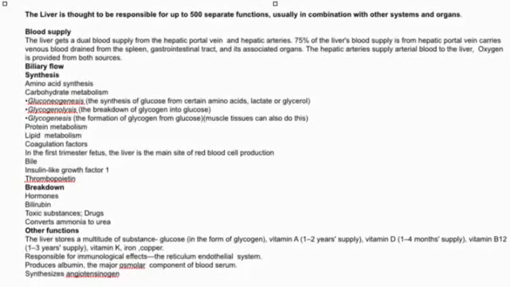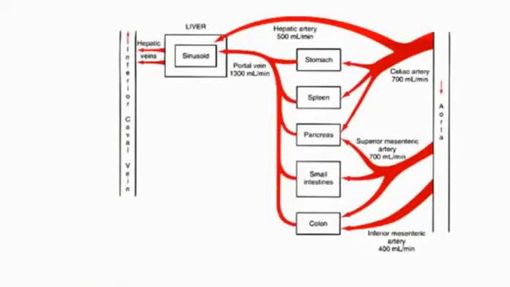So we start with the blood supply. Actually, the liver is supplied with blood from two systems: from the hepatic portal vein and from the hepatic arteries.